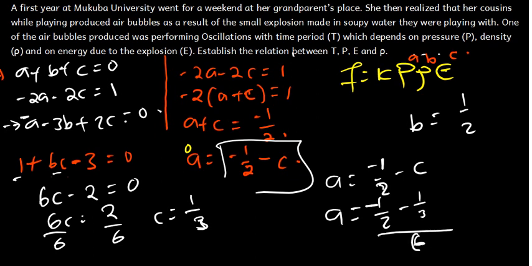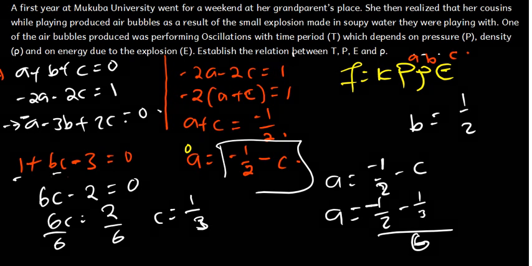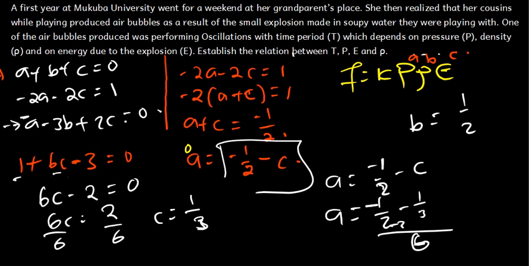So 2 into 6, we have 3, 3 times that one, we have negative 3, minus 3 into 6, we have 2. So a is going to be equal to negative 5 divided by 6. Okay, so those are the values of a, b, c.